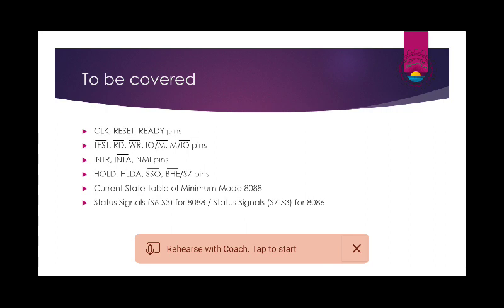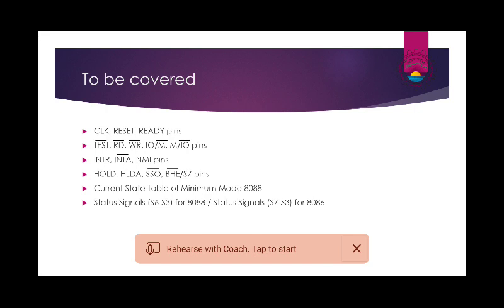And for microprocessor 8088, there will be the IO/M bar pin, and for 8086, there will be the M/IO bar pin. Then we have to discuss the interrupt pins present on the IC package of microprocessors 8088 and 8086: INTR interrupt request, INTA bar interrupt acknowledge pin, and NMI, the non maskable interrupt pin.